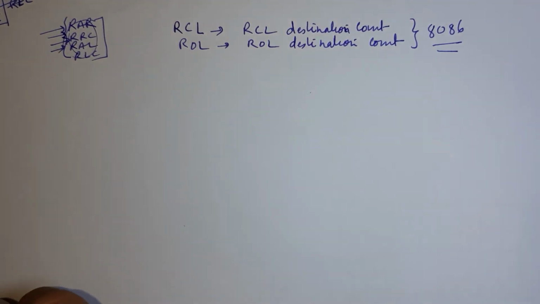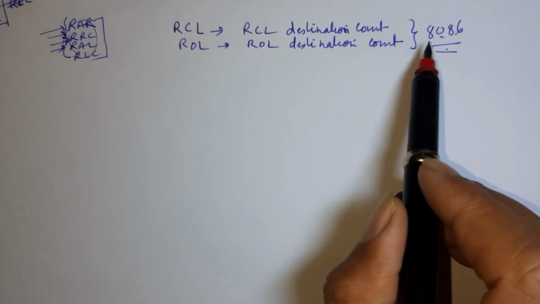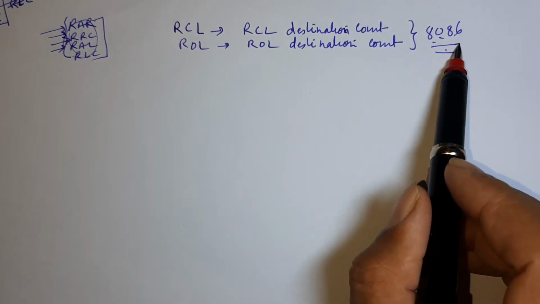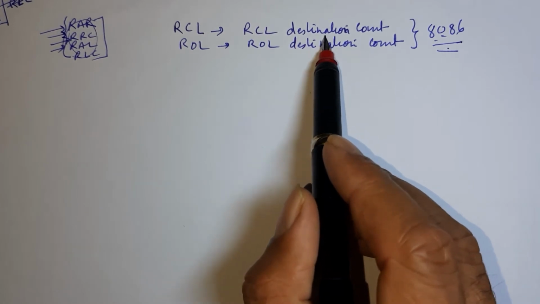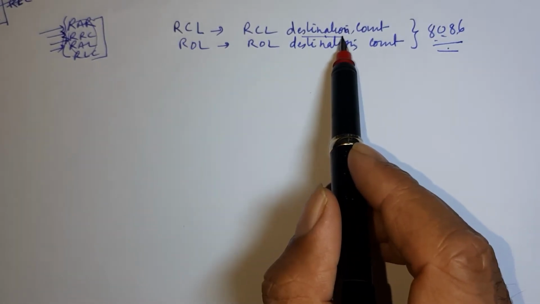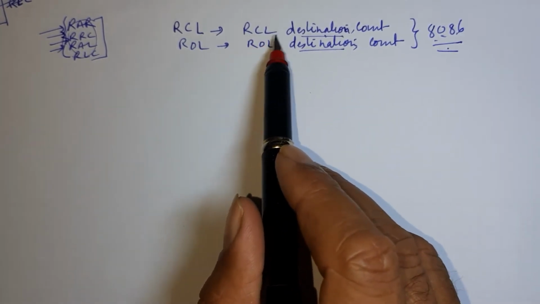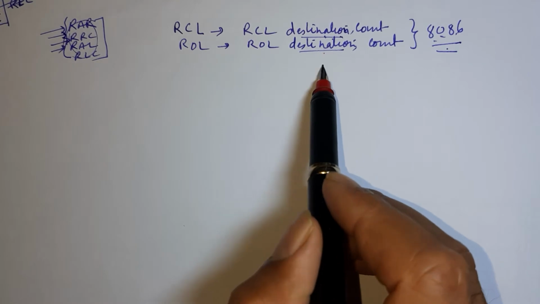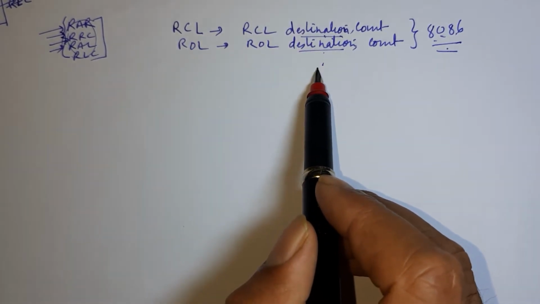But in case of the 8086 there are no such rules, because at the position of destination, whatever register or memory you mention, the rotate instruction will work on that particular thing. Means by default the accumulator is not considered here.